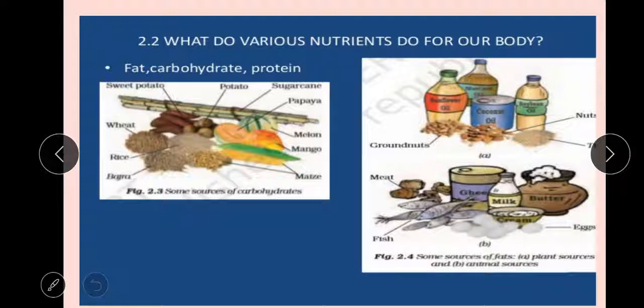Fats and carbohydrates, these two are energy giving foods, where carbohydrate is the major source of energy because it is hard for our body to digest fats in comparison to carbohydrates. Therefore, it is simpler to get energy from carbohydrate than from fat.